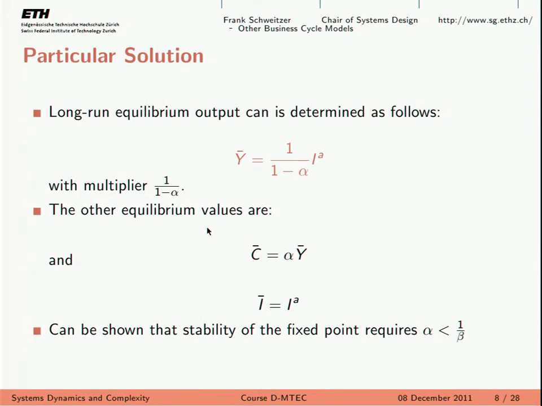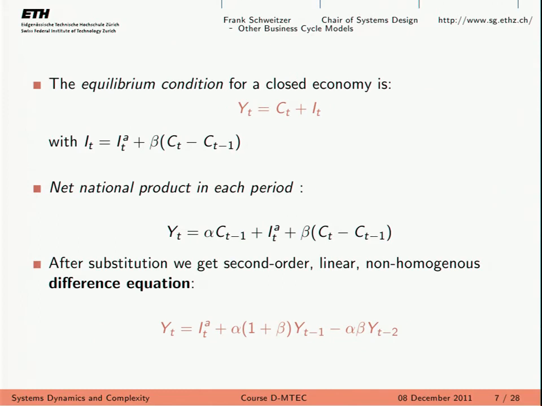Let me just show you the equation. This is the equation for the total investment. It's the sum of autonomous plus induced, and suddenly the long-term investment is autonomous. Yes? That implies that the difference is constant.